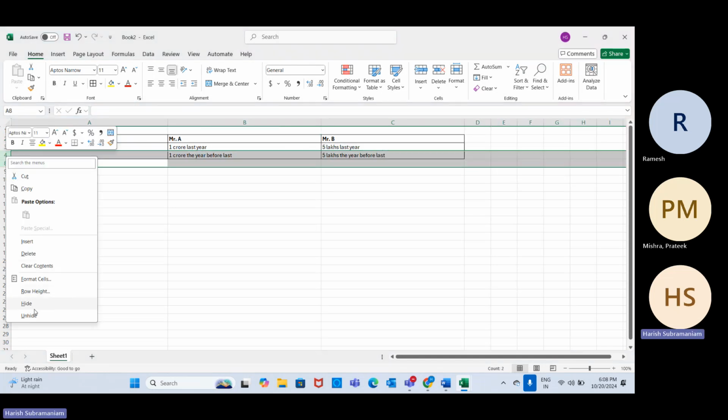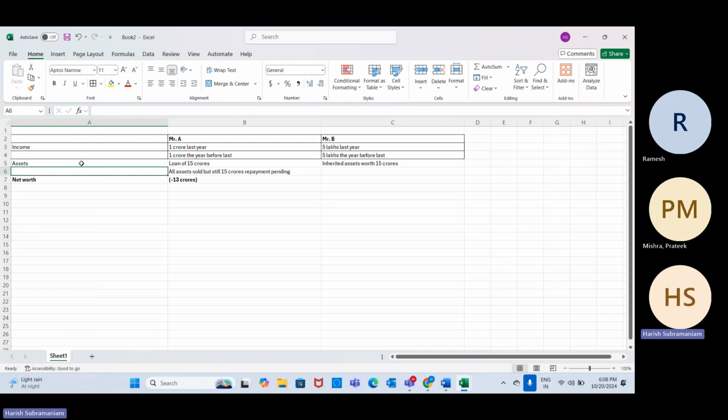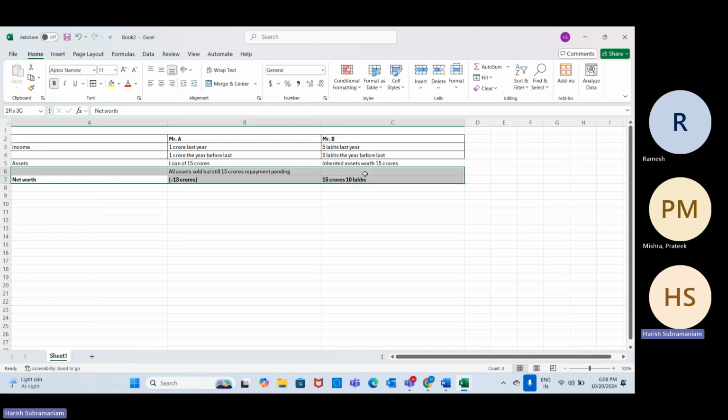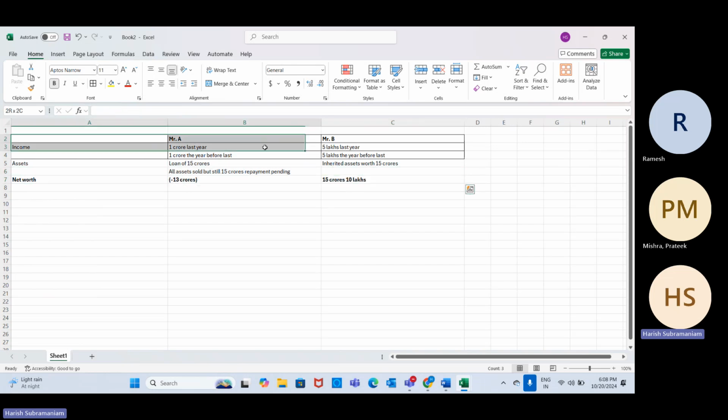But then when we bring in this information also, in terms of what are his assets and liabilities, we actually see that individual B is in much better shape than individual A, right? So we have not yet gone to a company.